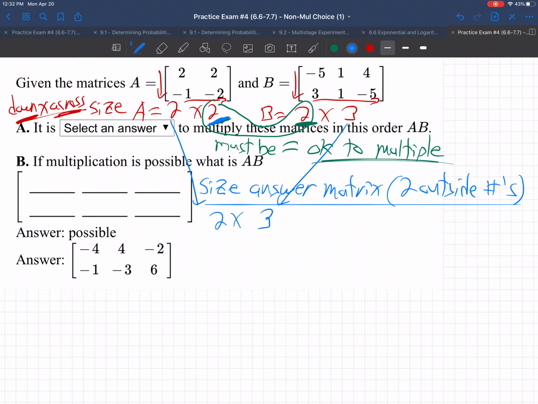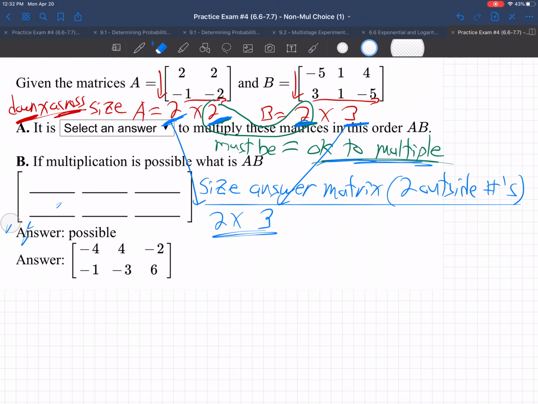The inside numbers have to be equal to make it possible, then it's okay. And then when it is okay, the two outside numbers, 2 by 3, tell you the size of the answer matrix. So you can see they have set up here a 2 by 3, right? Down 2, 3 across. That's a 2 by 3 answer matrix they have already set up for us. So the answer is going to be possible. It's going to be a 2 by 3.